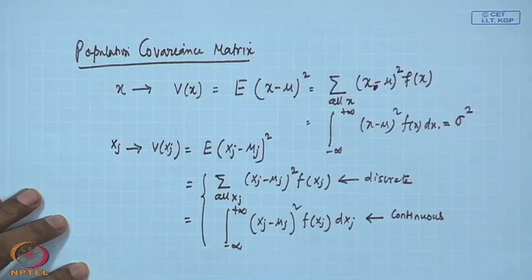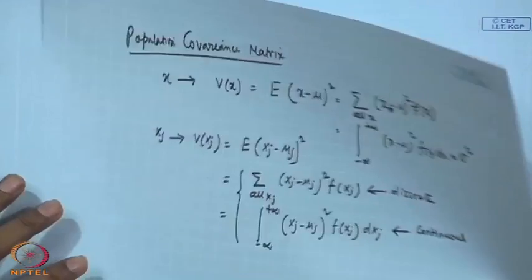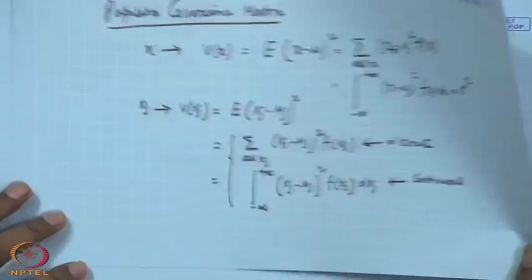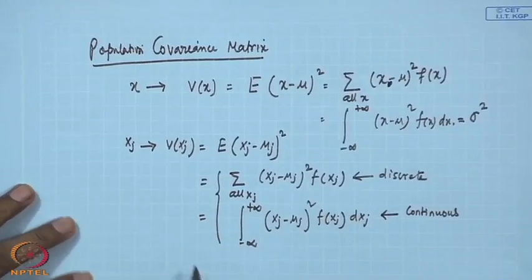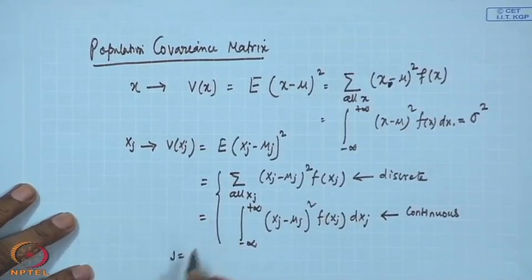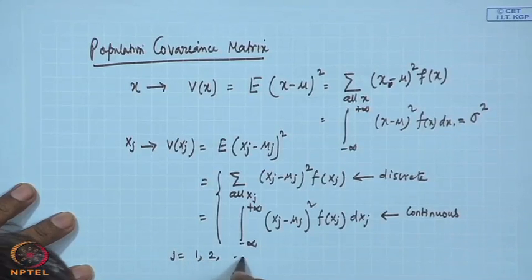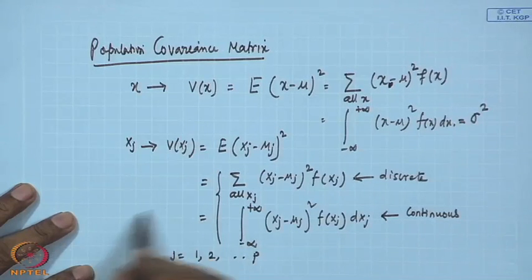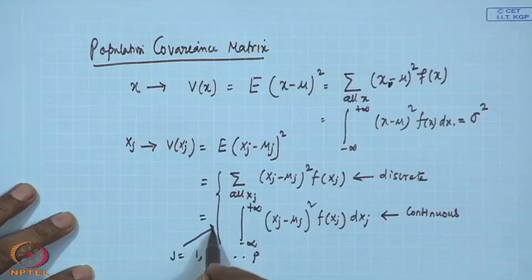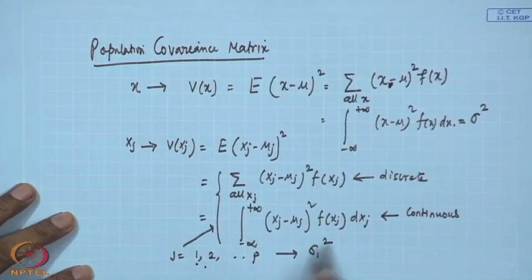All right. Fine. Now, if you put j equal to 1 to p in this formulation, whether discrete or continuous, when you put j equal to 1 you get sigma 1 square.